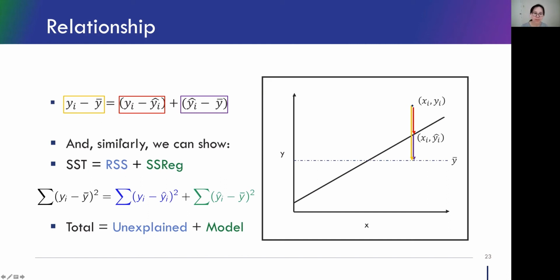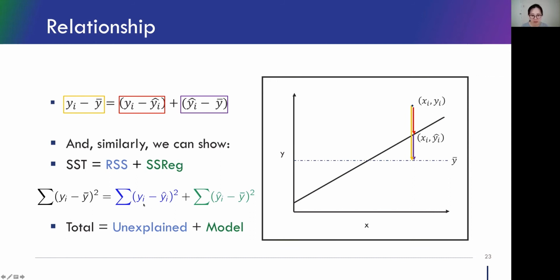Similarly, we can show that the total sum of squares is a summation of the residual sum of squares and the regression sum of squares. These correspond to each other. SST, total sum of squares, is the sum of the squares of this quantity.